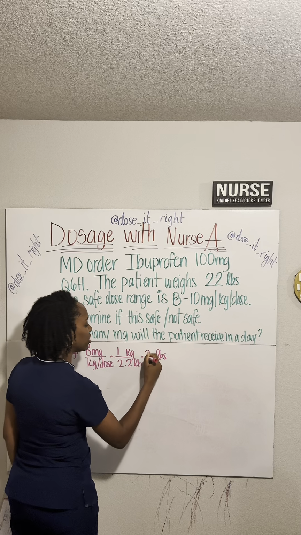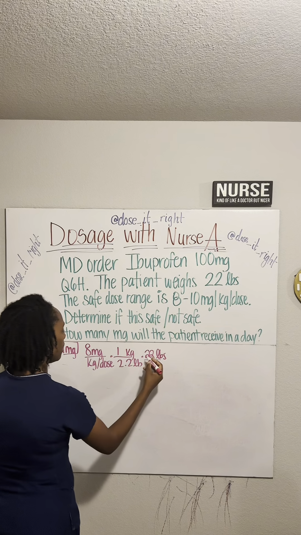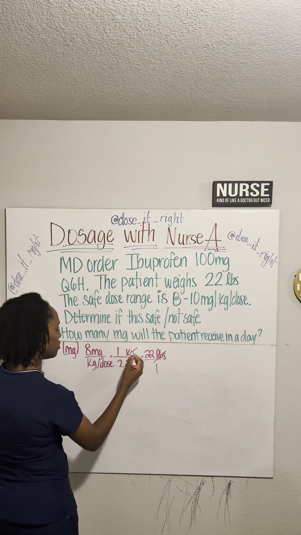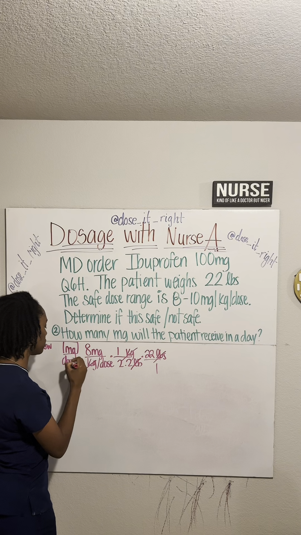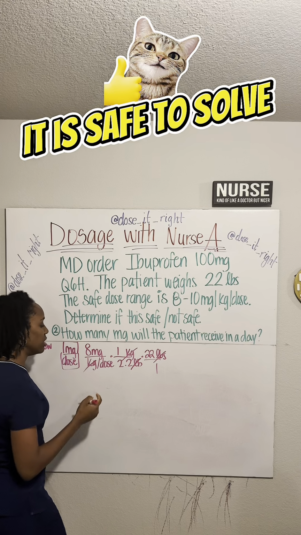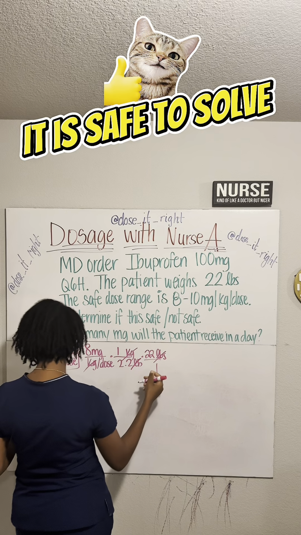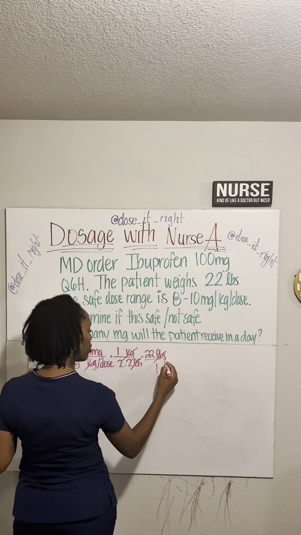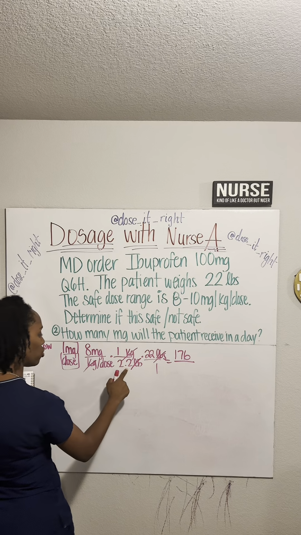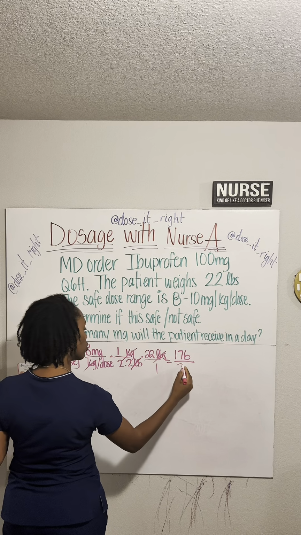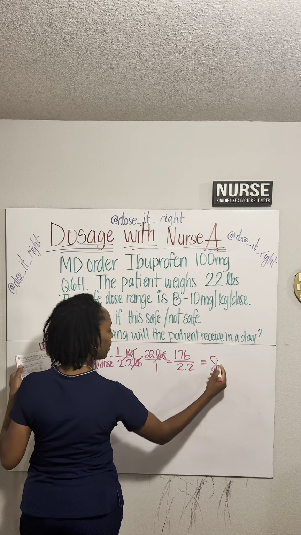And the patient weighs 22 pounds, all right? So let's cross out pounds with pounds, kilograms with kilograms. This person is going to be getting milligrams per dose. So let's multiply 8 times 1 times 22, which gives us a total of 176. So 1 times 2.2 times 1 equals 2.2, which then equals a total of 80.